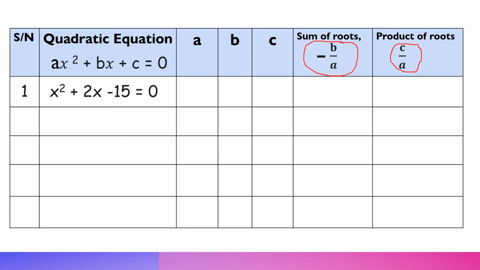So our first step will be to identify what our A, B, and C values are in each of the quadratic expressions. Now, in this first quadratic expression, we have x squared plus 2x minus 15. Our A is 1, our B is 2, and our C is minus 15.